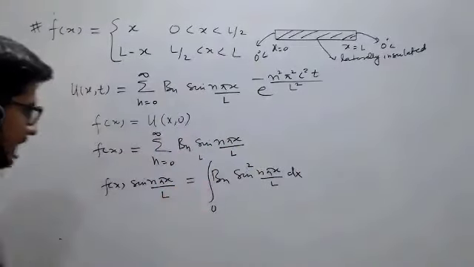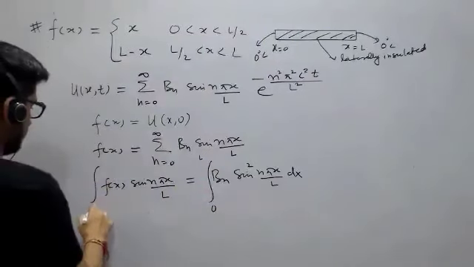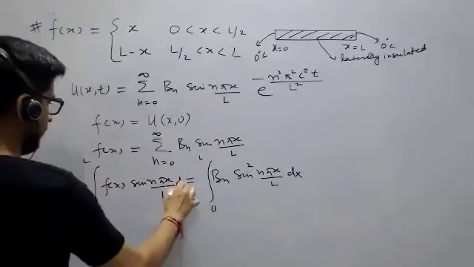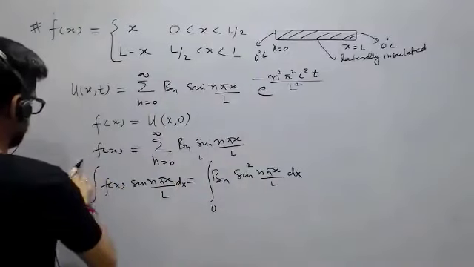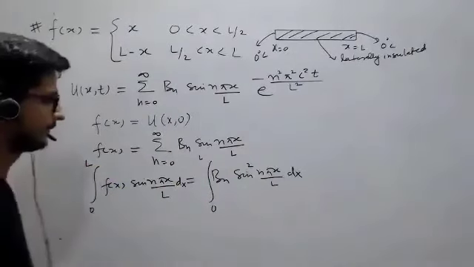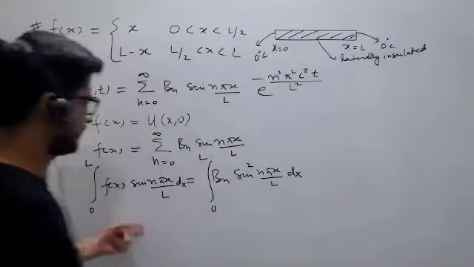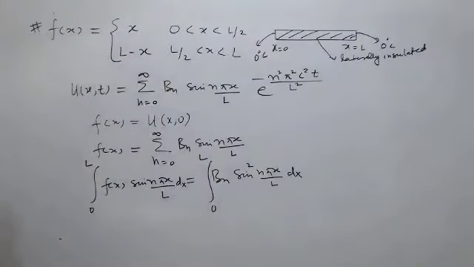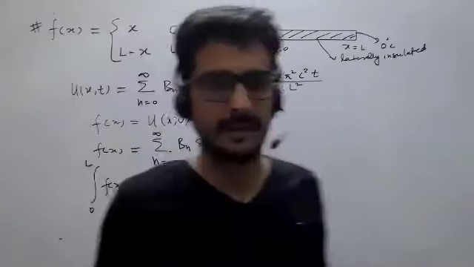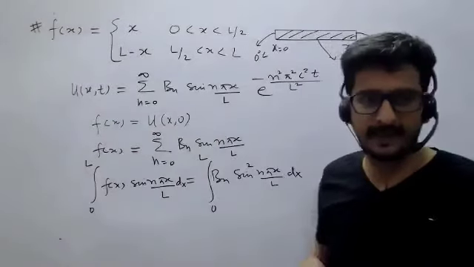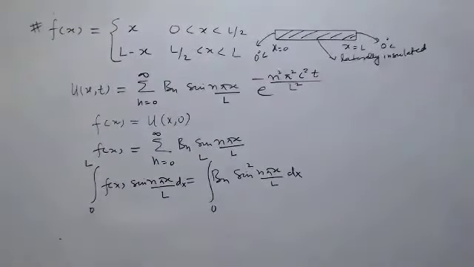Only this nth term will survive, and this will also become 0 to L and dx. Okay. This b_n is also known as Fourier coefficient, but right now I am calculating it in every question, because I have not taught you Fourier series, so that is why I am calculating it.